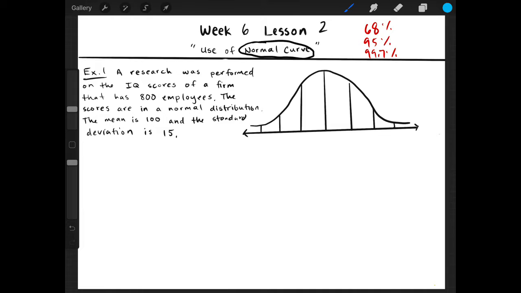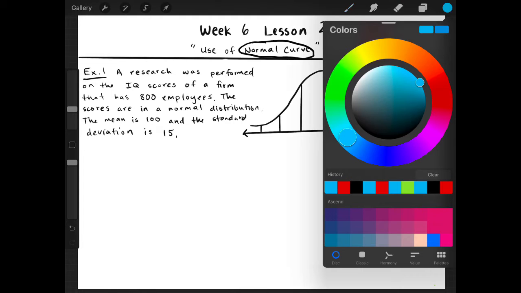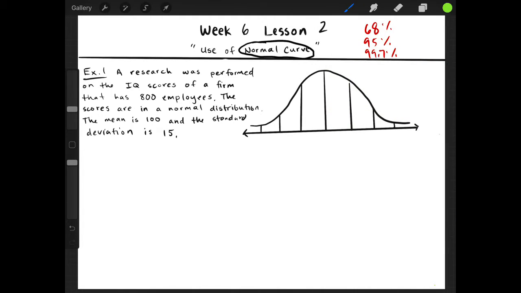This is how we're going to use the normal curve to find some specific information on a set of data. So let's read through the example. I'm going to underline some things that I think are important. A research was performed on the IQ scores of a firm that has 800 employees.